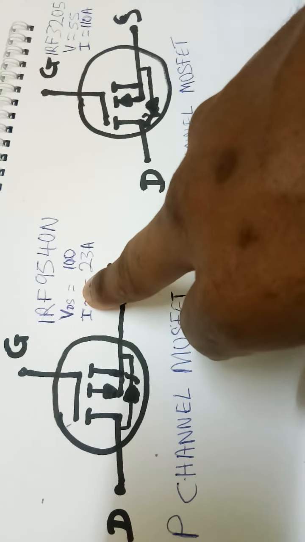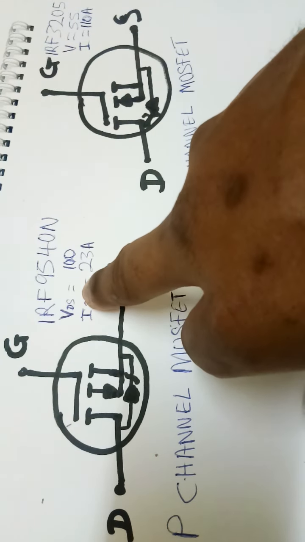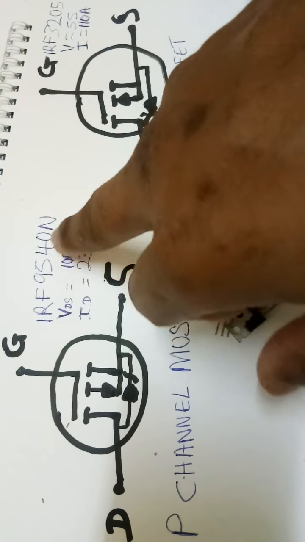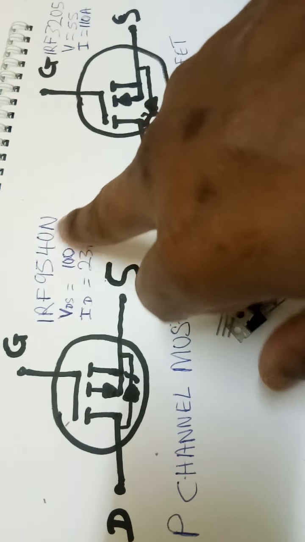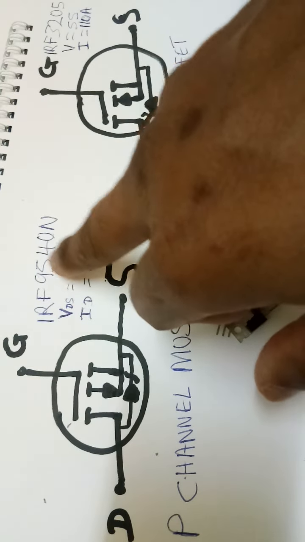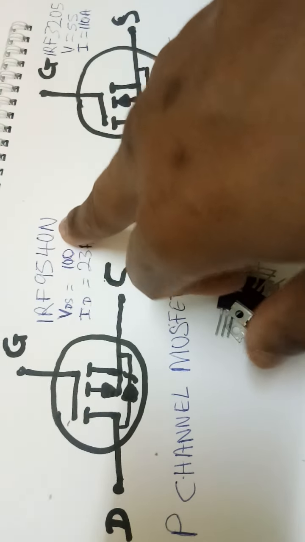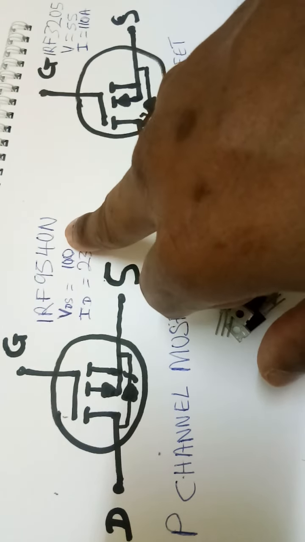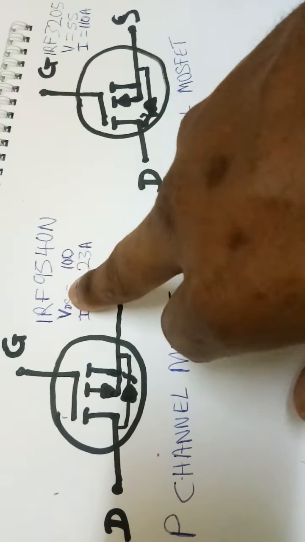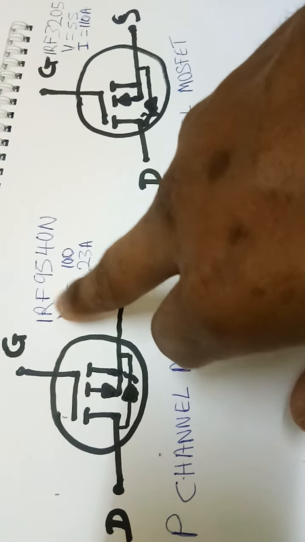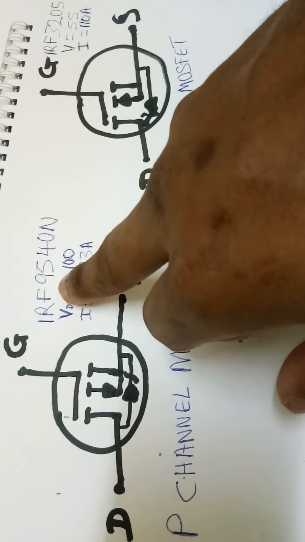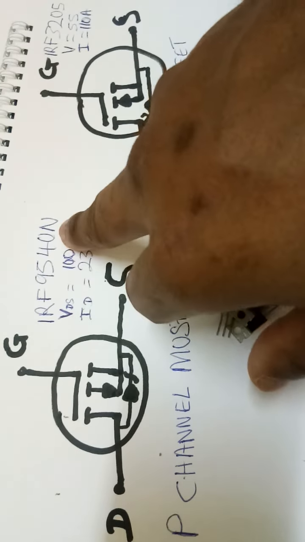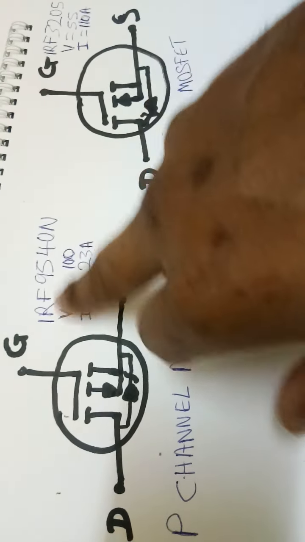When you check on the body of this MOSFET, it is written IRF9540N. This IRF9540N is very important if you are an electronics technician, because when you go to Google and type IRF9540N, you are going to get information about this MOSFET.